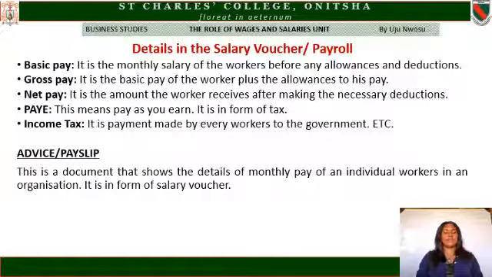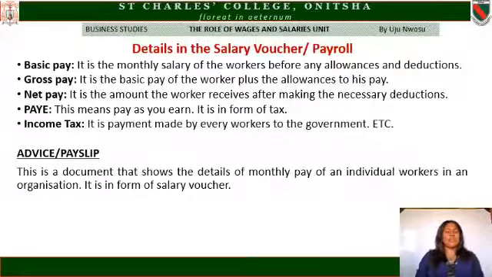All right. Let's look at what is advice, or we call it pay slip. It is a document that shows the details of monthly pay of an individual worker in an organization. It is in form of salary voucher.